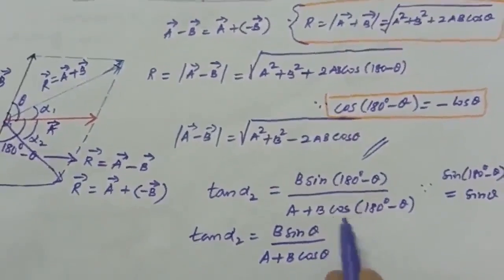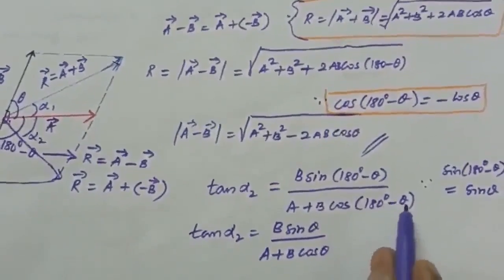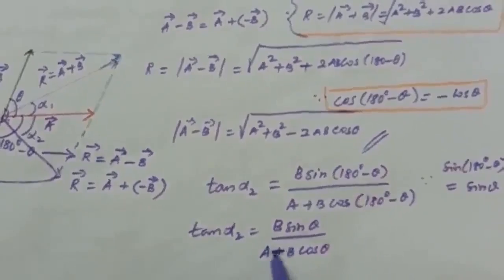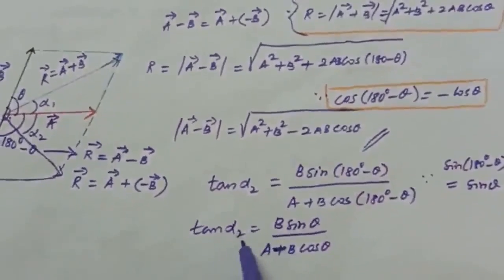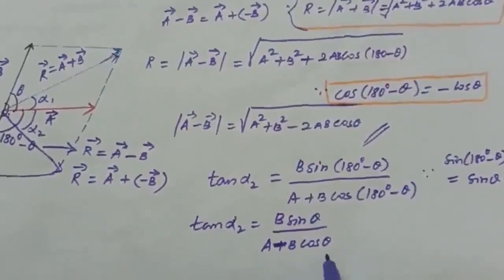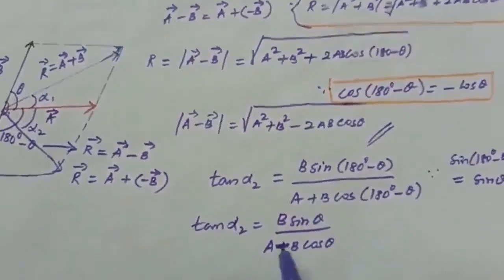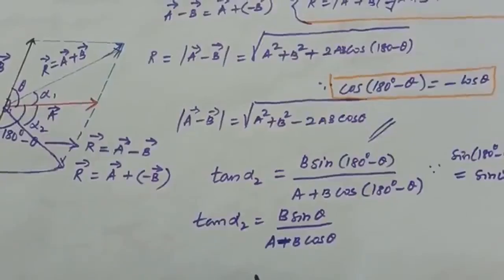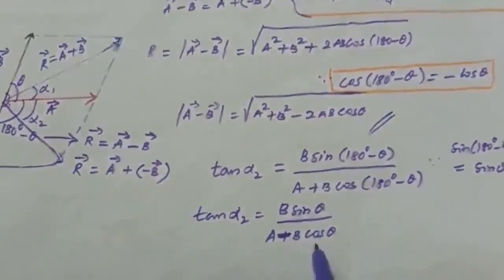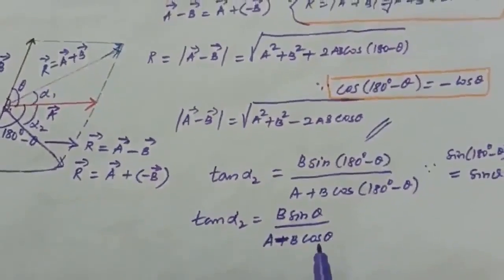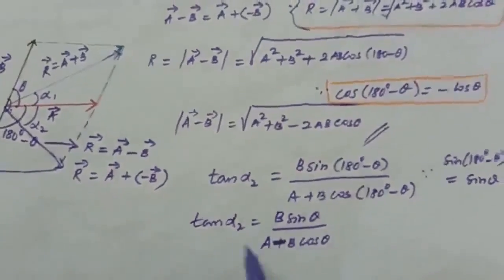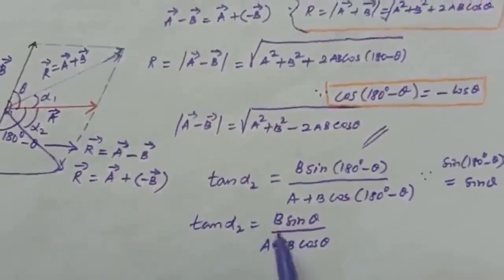Already you know that cos of 180 minus theta is equal to minus cos theta, so the negative sign is indicated. Therefore tan alpha 2 is equal to B sin theta divided by A minus B cos theta. Thus the difference A vector minus B vector is a vector with magnitude and direction given by these equations. Both are the same but opposite in direction. So students, this is the direction of the subtraction of two vectors.